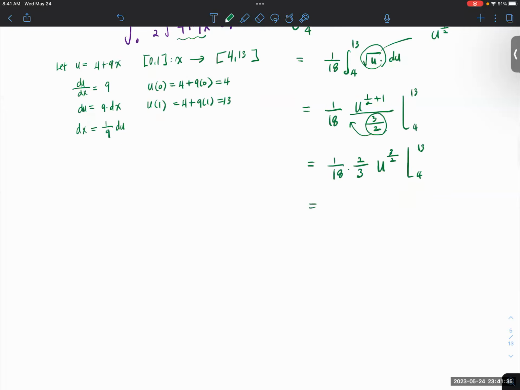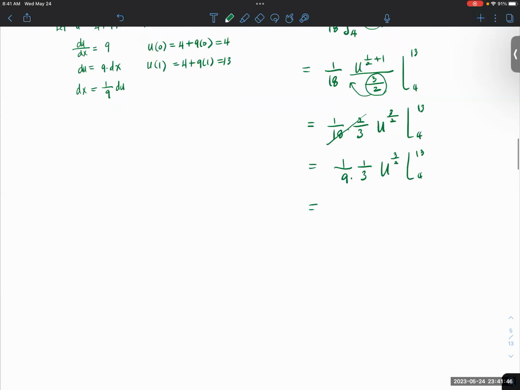All right, so 9 over 1 over 9 and 1 over 3, u to the 3 over 2, 4 to 13. One more time, and then we have 13 to the 3 over 2 minus 4 to the 3 over 2.